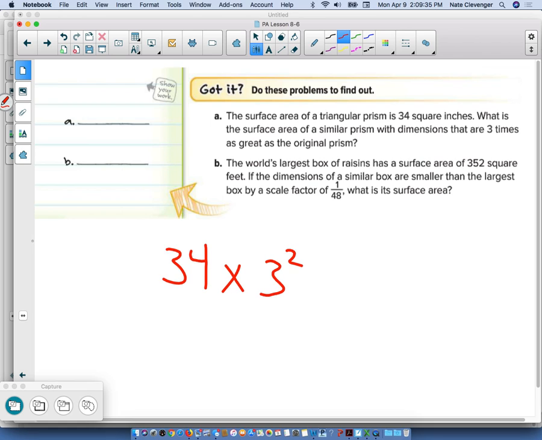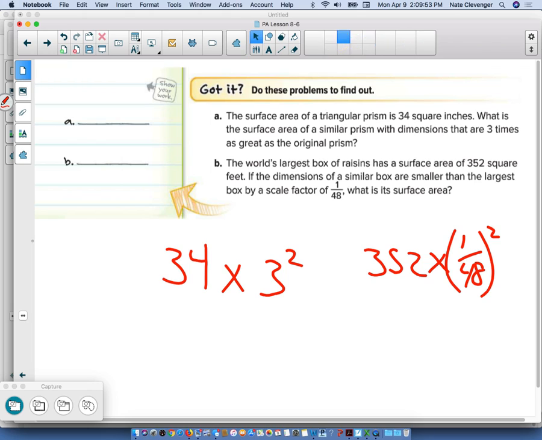Even if I have a fraction, that's okay. 352 times 1 over 48, and I'd have to square that. So I'd take 48 squared and divide 1 by that value to get the decimal value to multiply by. We're not going to do that on these two. We're just going to move on, but I want to show you that.